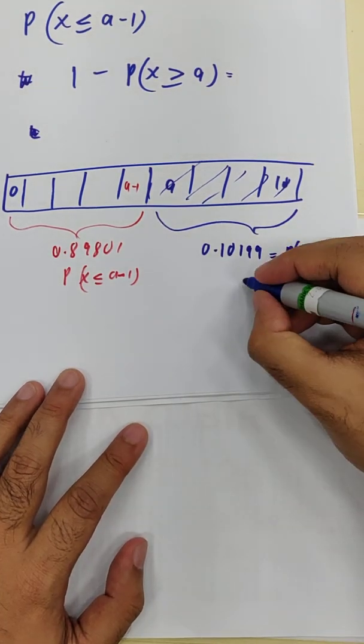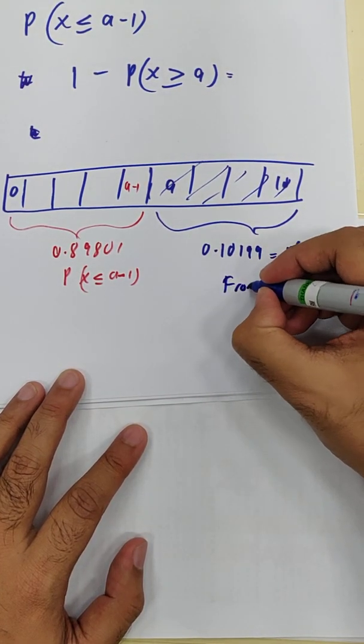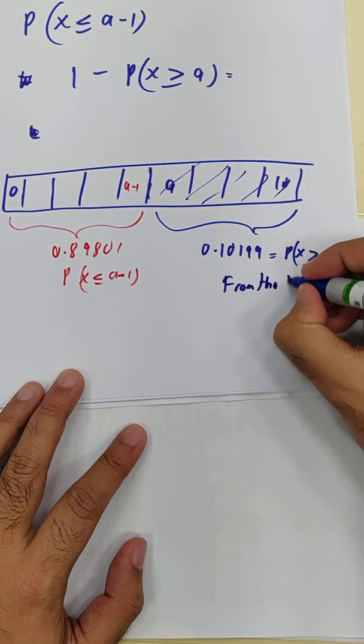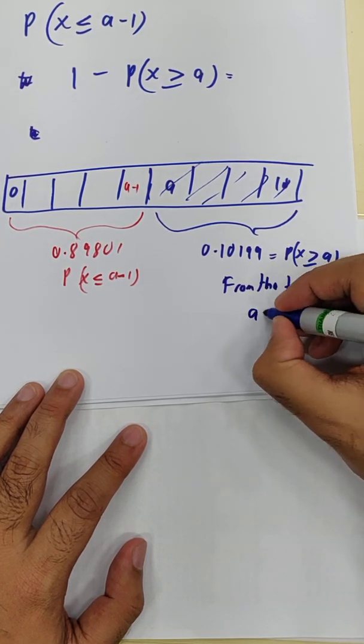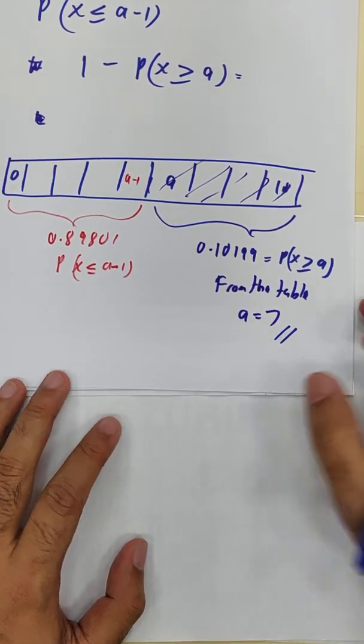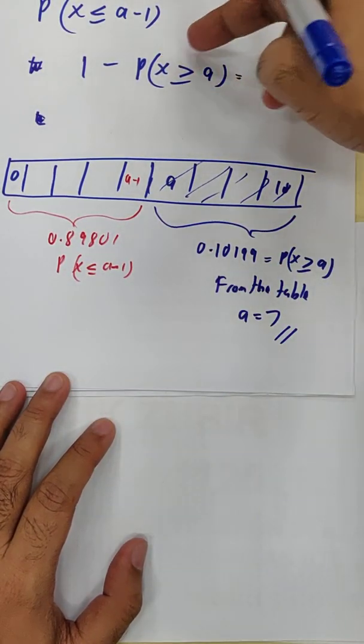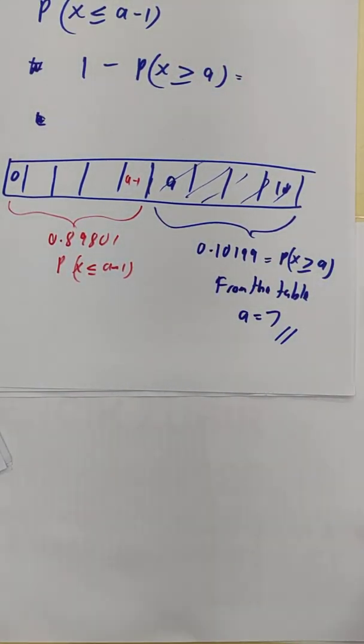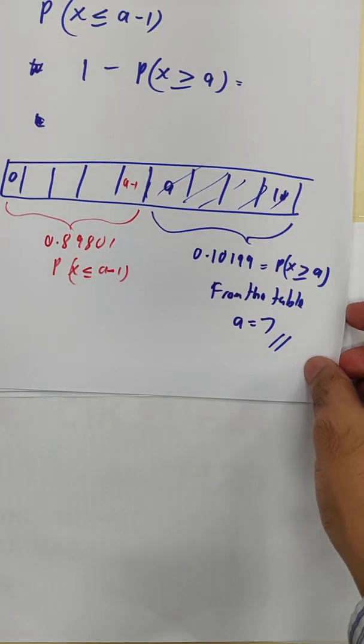So a is 7. Are you okay? I like this way more than calculating over here.